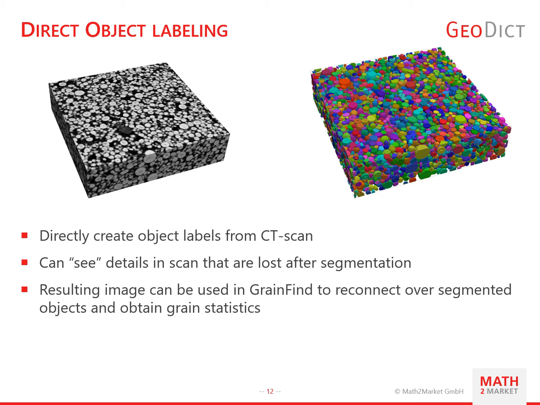With direct object labeling, it is possible to directly create an index image from a gray value image, as shown in the two images above. That way you avoid losing details in the gray value image. Of course, this index image that you are creating can afterwards be used in GrainFind to, for example, run reconnection if you have over-segmented grains, and also obtain all the grain statistics that you are used to getting out of GrainFind.